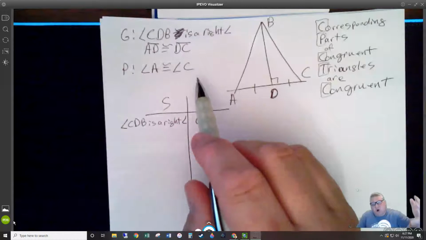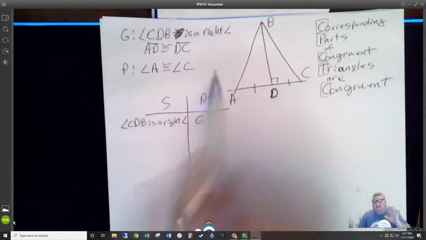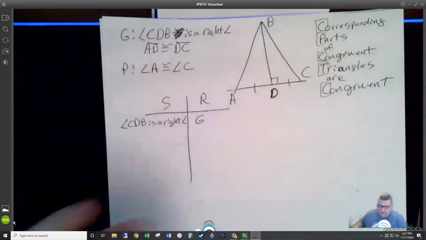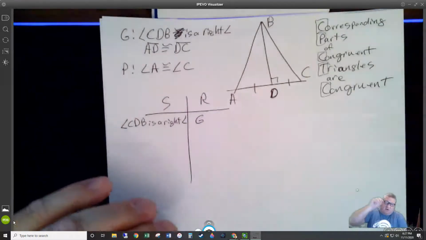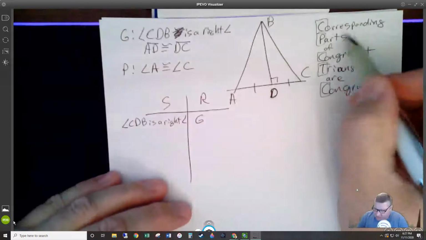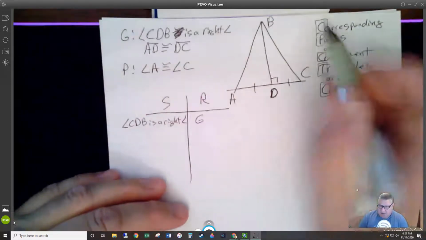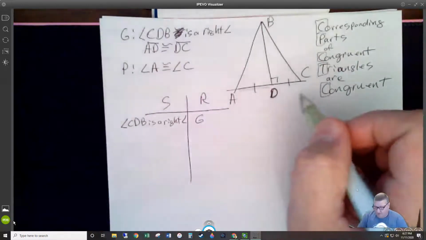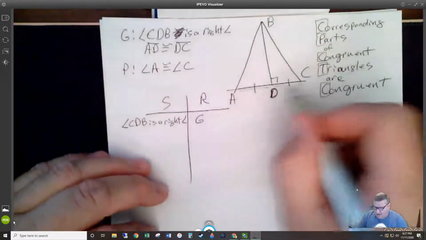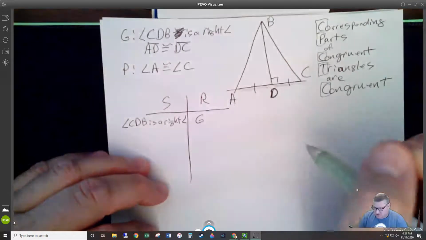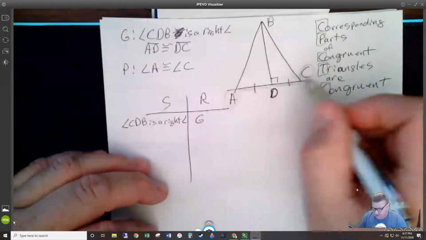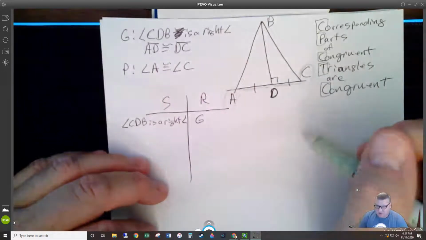Once the triangles are congruent, the whole point is that every part of that triangle is going to be congruent to each corresponding part in the other triangle. Here's what I mean by corresponding parts. This side right down here goes with this side right here because it's short side of the triangle, short side of the triangle. This angle here would correspond to this angle here because they're over here at the edges of the triangle.